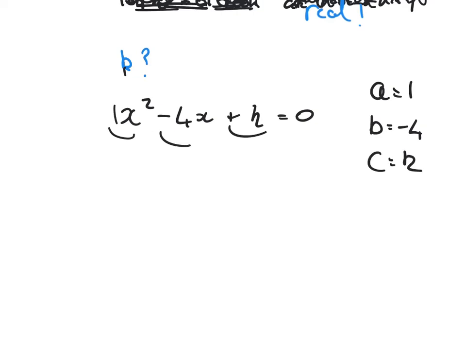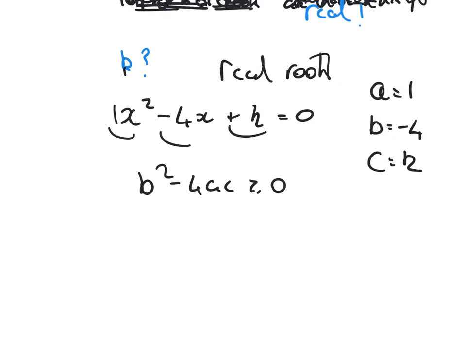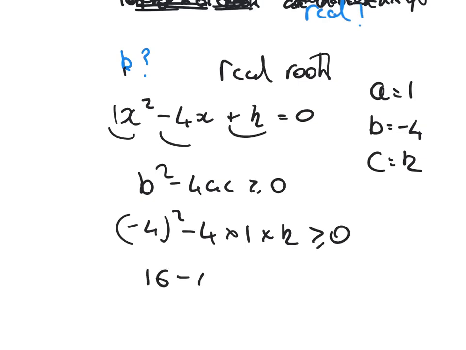Let's put down the condition for real roots. The condition for real roots is that the discriminant is greater than or equal to 0. Let's plug that in. So it's minus 4 all squared minus 4 times 1 times k is greater than or equal to 0. That's 16 minus 4k is greater than or equal to 0.